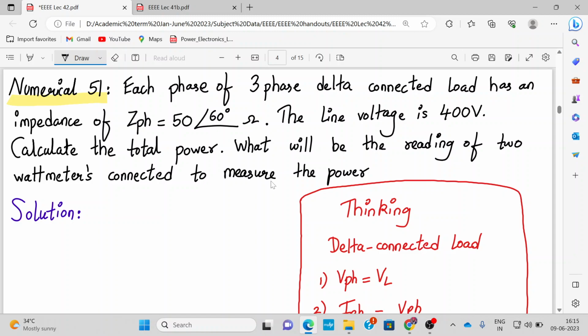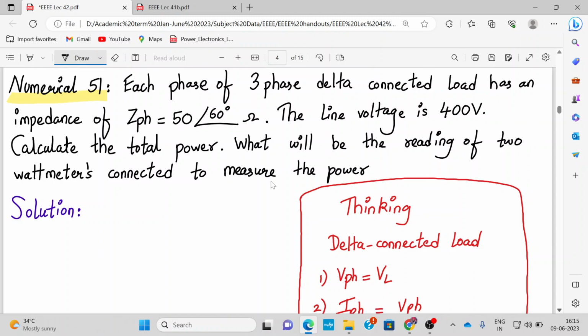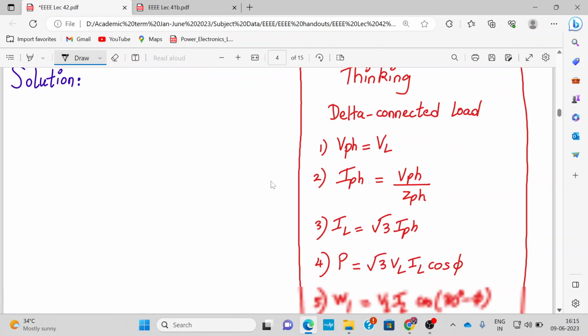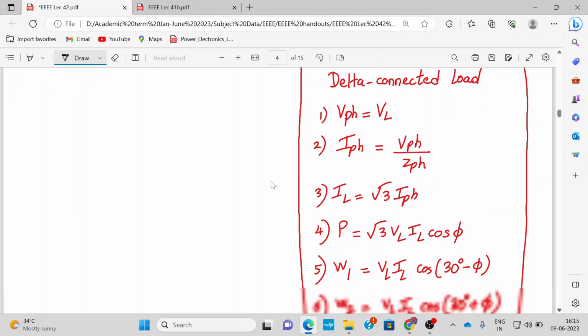Okay, we have solved this three-phase numerical before. Your impedance of each leg is given to you. So the thinking process is delta connected load. For a delta connected load, phase and line voltage are the same, and phase current is given by phase voltage divided by impedance of that phase.